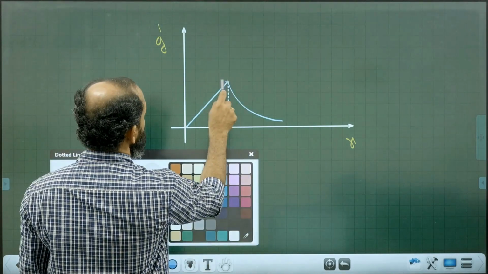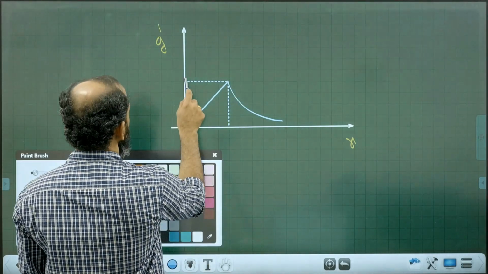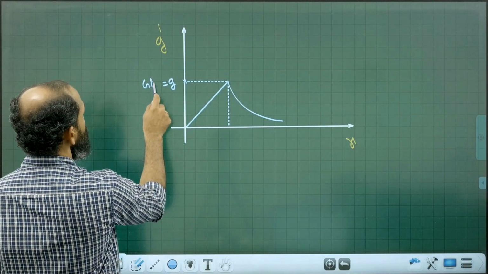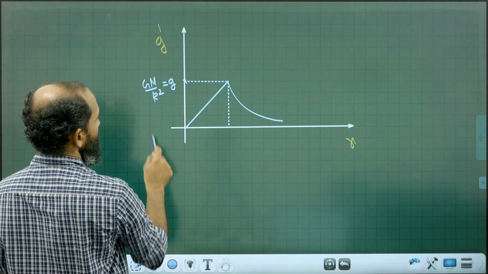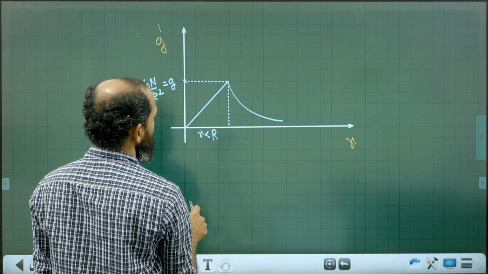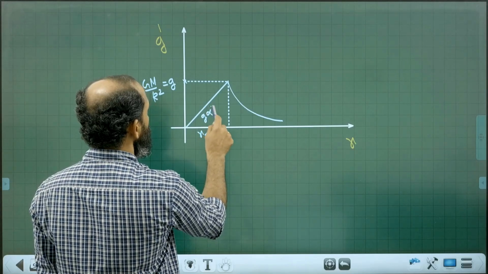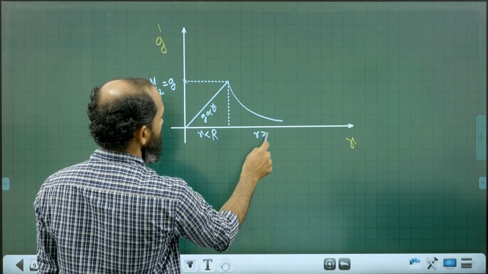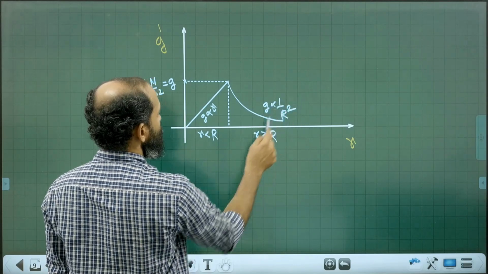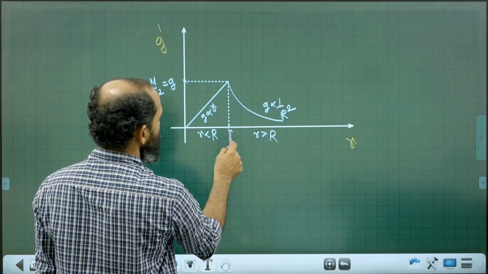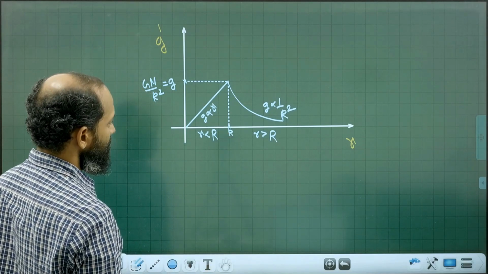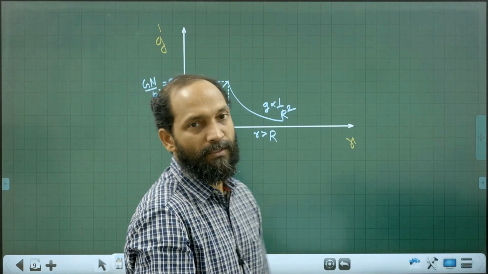Here the value is maximum, that is small g equal to GM by R square. Here r is less than R, g is proportional to small r. Here r is greater than R, g is proportional to 1 by r square. And here at the position where small r equals capital R, g' is maximum. So this graph is also to be noted.